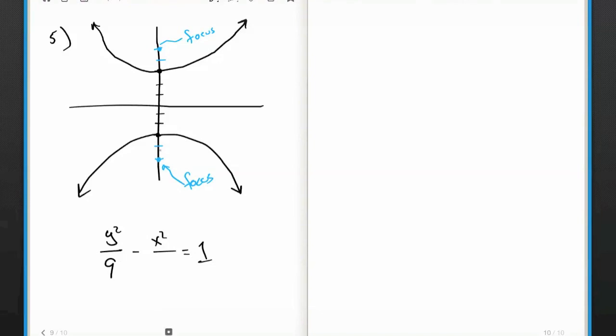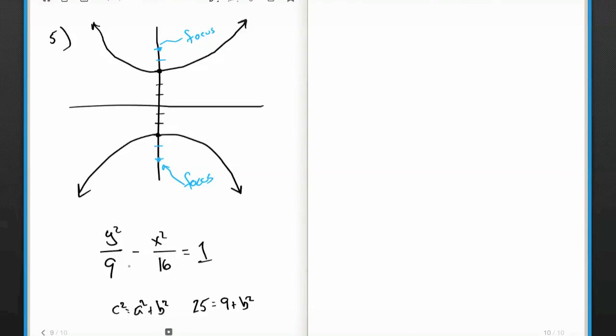I know the foci are at 5, and so I know that c squared equals, for a hyperbola, as one student pointed out, it's the opposite of this, so c squared equals a squared plus b squared, and so the foci are here at 25. 25 equals 9 plus b squared, so that means b squared must be 16. So that's like that.